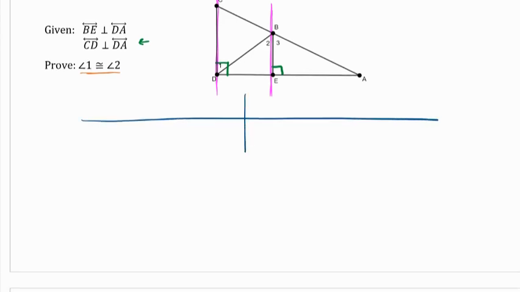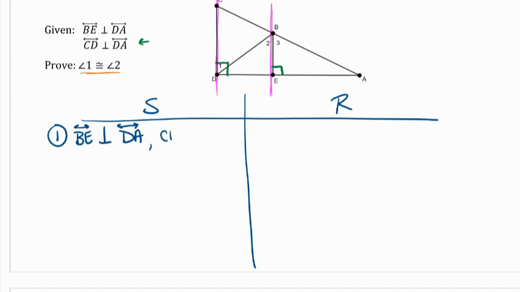Okay, so let's set up our proof here. We start with our givens. So BE is perpendicular to DA, and also CD is perpendicular to DA. And by the way, if you think you know where to go from here, pause the video for a second, try the proof, and then come back and watch.